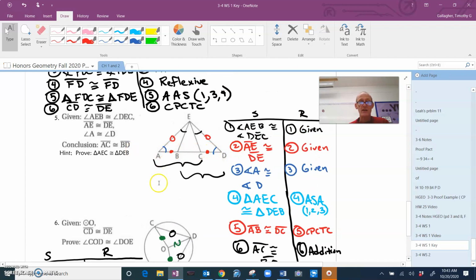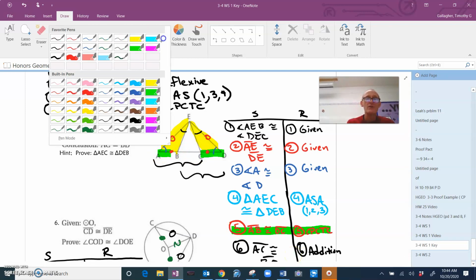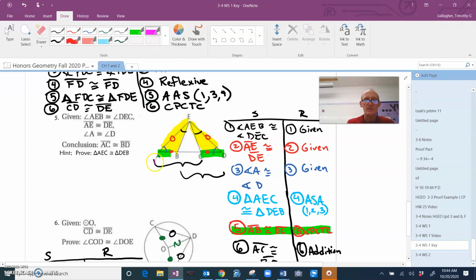Now the last 2 proofs are a little tricky. But you can see that we have two triangles in problem number 5. Okay? But in problem number 5, we're going to use CPCTC for these two. And then we use addition to get AC congruent to BD.